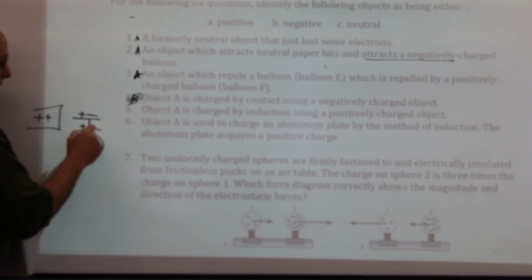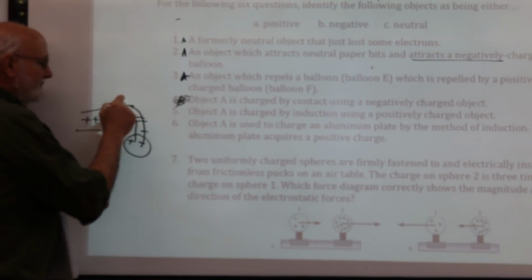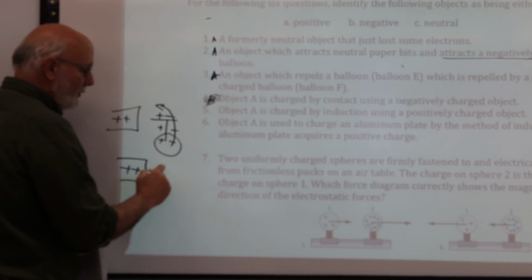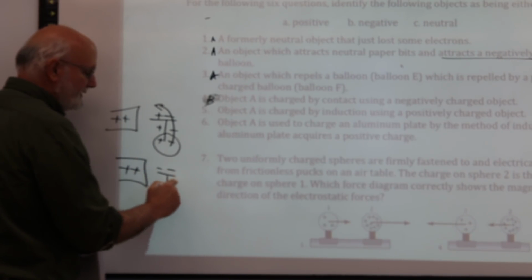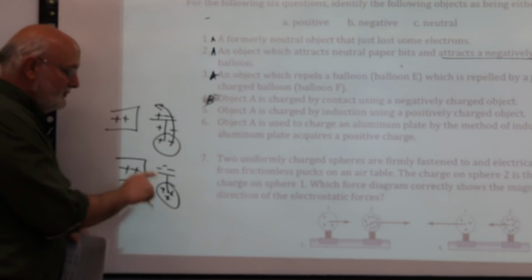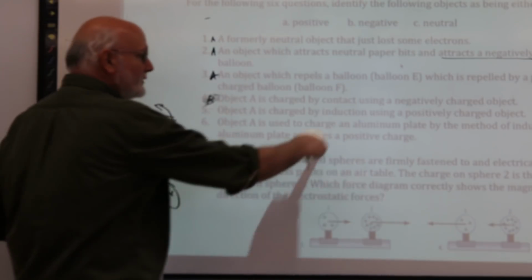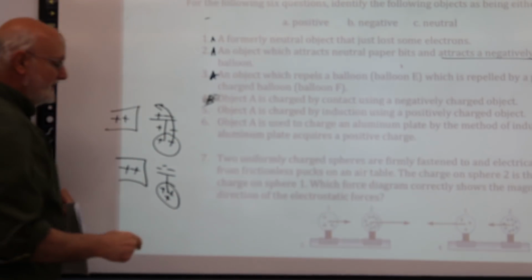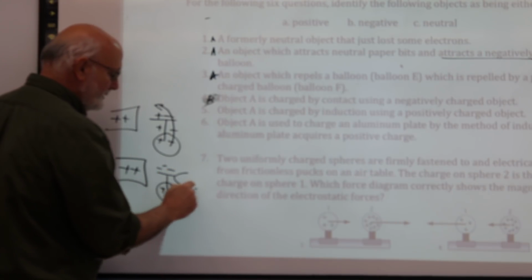The positives are going to attract the negatives, so the negatives are all going to come up to the top. So we're going to get a polarization. So here's all these negatives here, and then we've got these positives which are down there. But remember, this is neutral. We are charging by induction. Okay? So now what happens is we touch it to ground it.